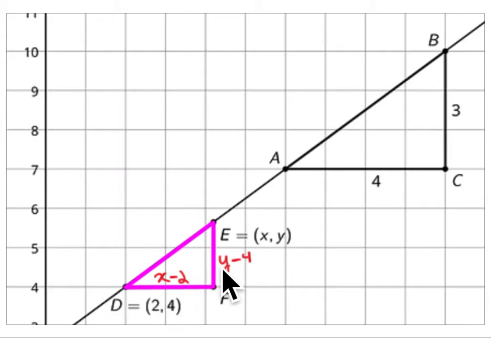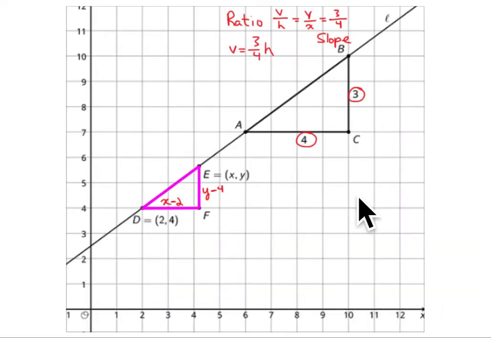Now that relationship, this vertical length to this horizontal length, is the same as this relationship. So it's the same as 3 to 4. So the ratio of the vertical length to the horizontal length is, no, I don't like that I wrote y over x, but it's 3 to 4. So it's the length of y over the length of x is 3 to 4.